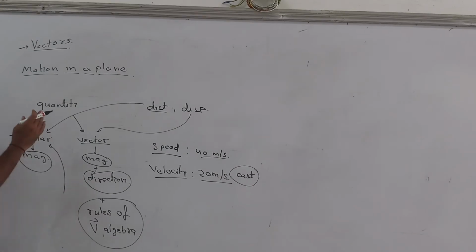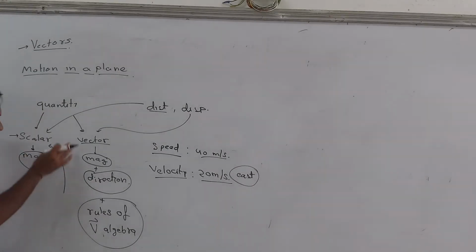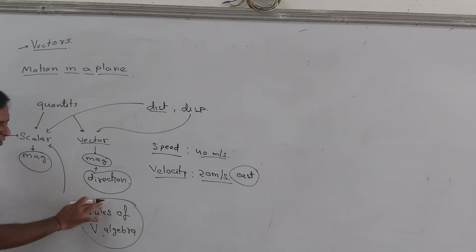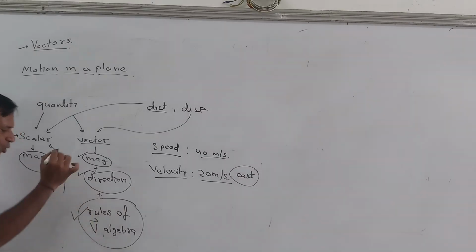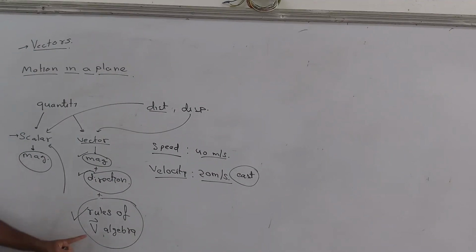So here comes the definition of vector quantity. Clear cut: any physical quantity which has a magnitude, which has a direction, and which follows the rules of vector algebra is said to be a vector quantity. If any of these is missing, the quantity becomes a scalar. So if these three things are there, only then the physical quantity is a vector quantity.